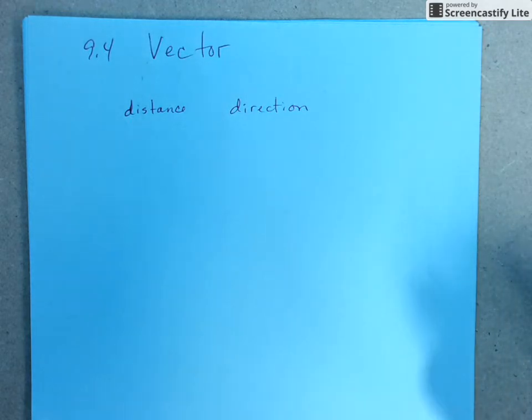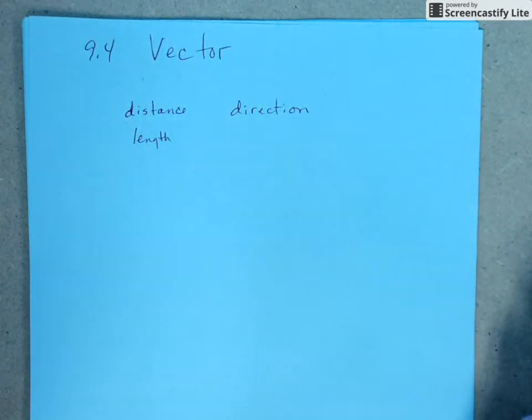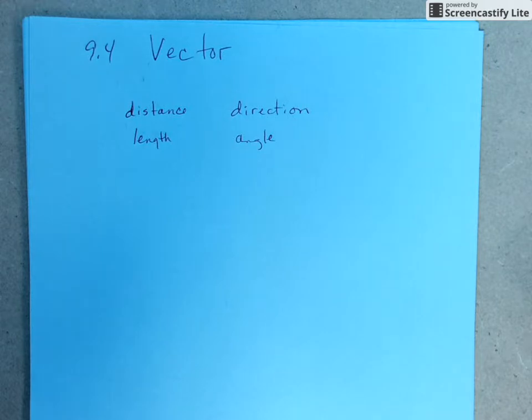It's more than just knowing how far you go, it's knowing what direction you're going to get there. The distance is the length of the vector, and the direction is the angle of the vector off of an axis, okay? We will typically use vectors off of the polar axis.